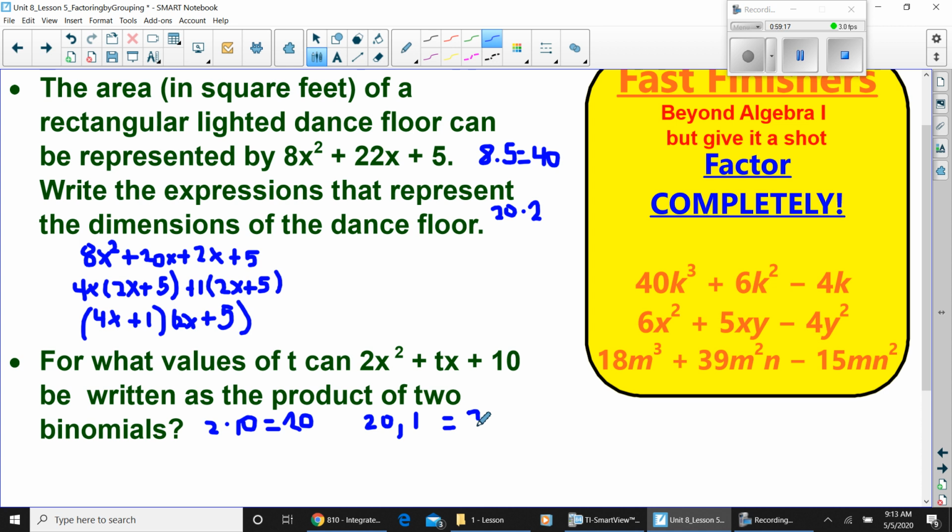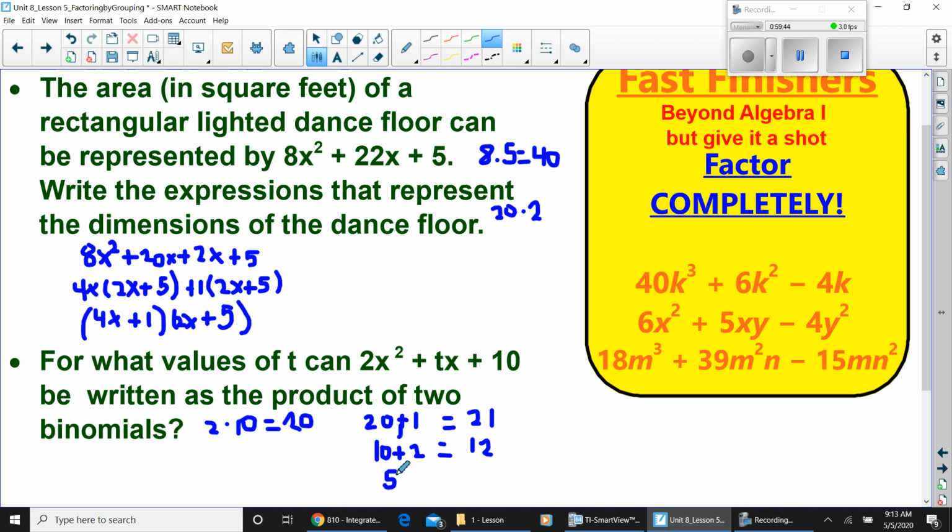since it's all positive, can make 21 if you add them. And there are others. 10 times 2 would also make 20, and 10 plus 2 will make 12. So it could be 12x.